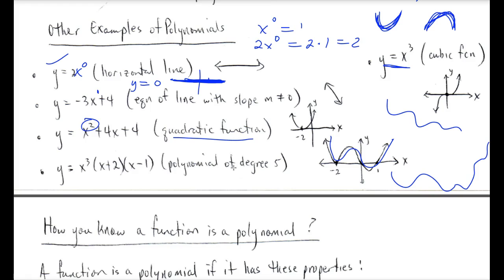All right, so in looking at this, we know that we have a lot of functions that could be polynomials. So one of the things that we need to know is, how do you know when we're actually looking at a polynomial? Because we'll have some instances where we have some functions that aren't polynomials, but you may think they are, okay? And so what we're going to do is look at some special properties that we know polynomials have to have, and we will be able to distinguish whether we're looking at a polynomial or not based upon these restrictions.